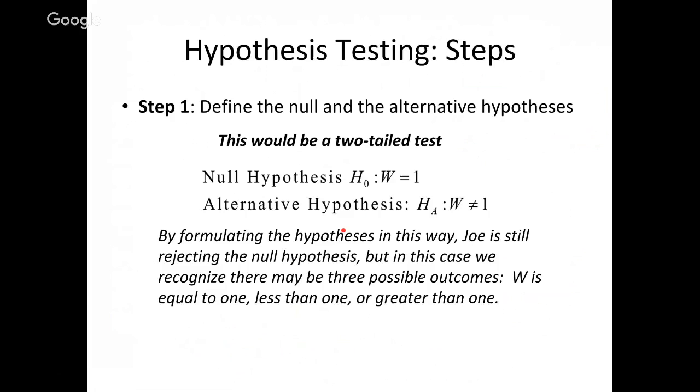In that case, it's a two-tailed test because we will reject the null hypothesis if either W is greater than 1 or W is less than 1. By formulating the hypothesis in this way, Joe is still rejecting the null hypothesis. He's saying that W is not equal to 1. But in this case, we recognize there may be 3 possible outcomes: W is equal to 1, less than 1, or greater than 1.